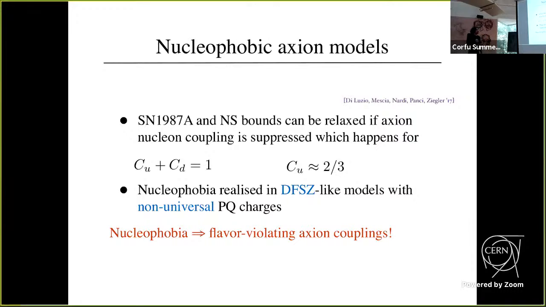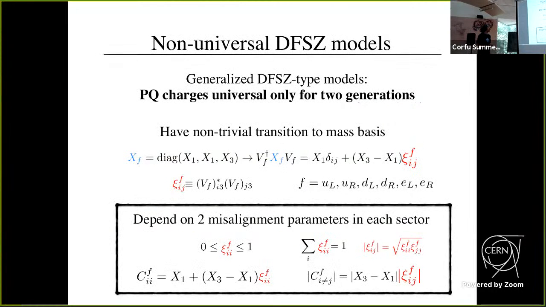But it's shown here that both conditions can be simultaneously realized in generalized DFSZ models, where the PQ charges of standard model fermions are not universal. And this also automatically leads to the appearance of flavor-violating axion couplings, which are important for phenomenology.